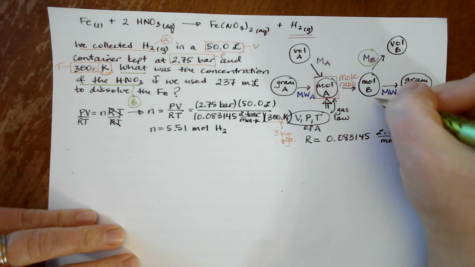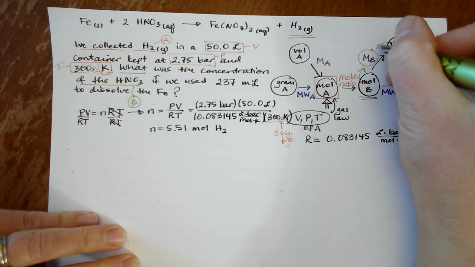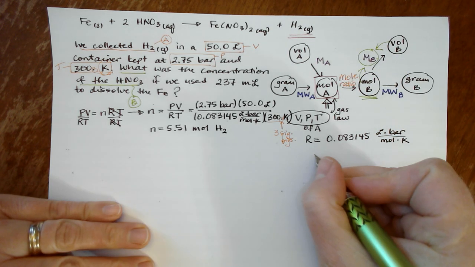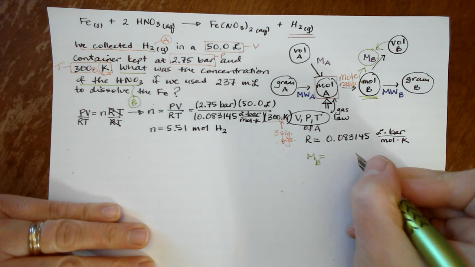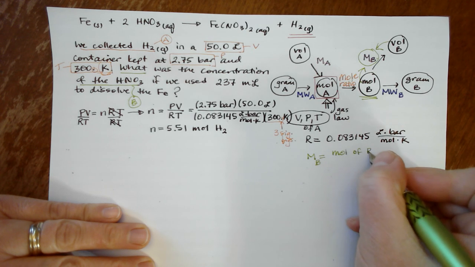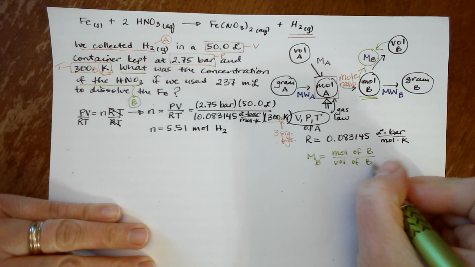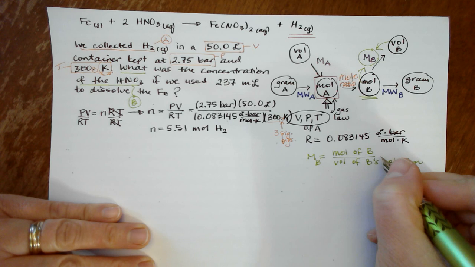So that means we actually are going to need the moles, and we already have the volume. So I'm just going to write this on the side here as a reminder that molarity is equal to, and if we're talking about B, the moles of B divided by the volume of B. And it will be, of course, in a solution.